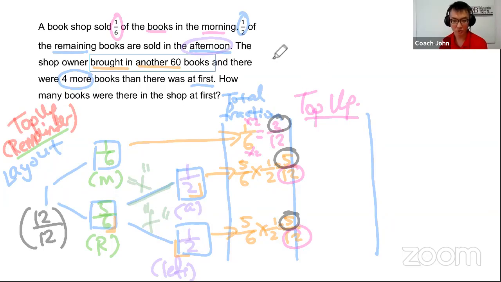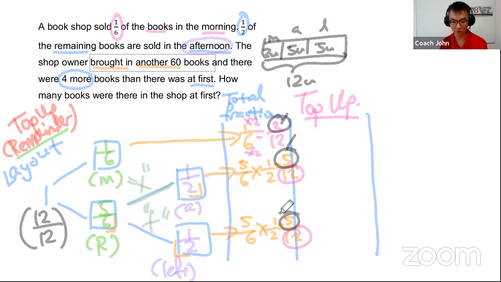If you want to really understand what's going on here, in fact there are a total of 12 units. Then you have 2 units for morning, then you have 5 units for afternoon, then you have another 5 for left, which is here.